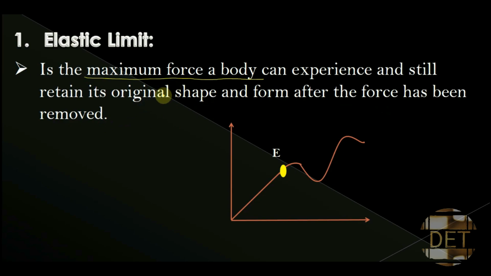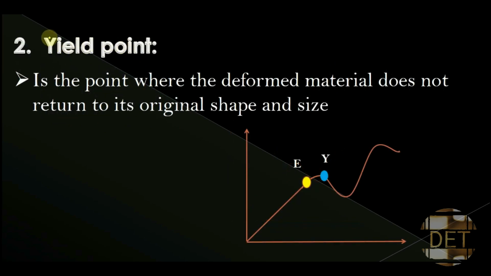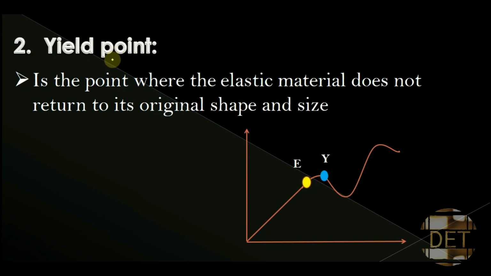The next point that we have is the yield point. The yield point is the point where the elastic material does not return to its original shape and size after the stretching or compressing force has been removed.